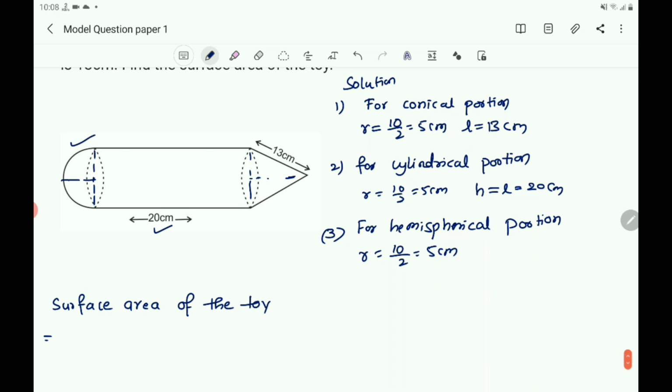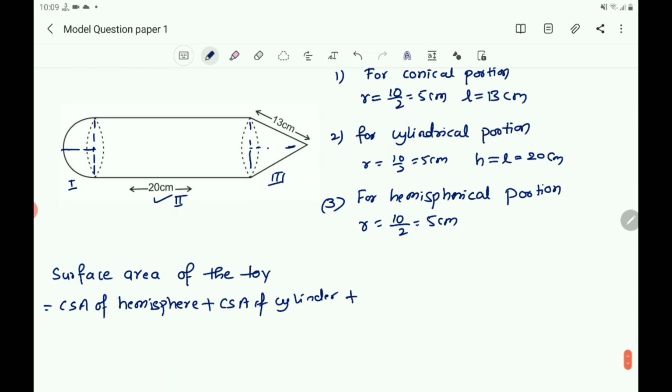First let us start from this, that is TSA of, CSA of hemisphere plus CSA of cylinder plus CSA of cone.